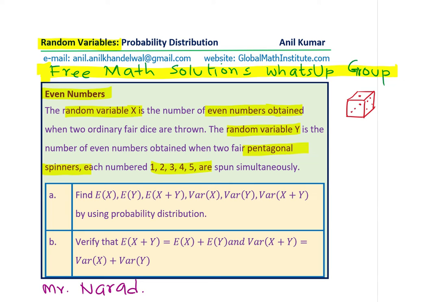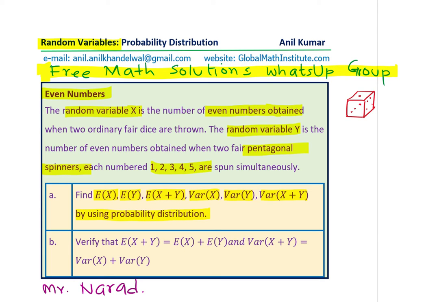Correct? Now, based on this, there are two questions. One, find E of x, E of y, E of x plus y, variance of x, variance of y, variance of x plus y using probability distribution.